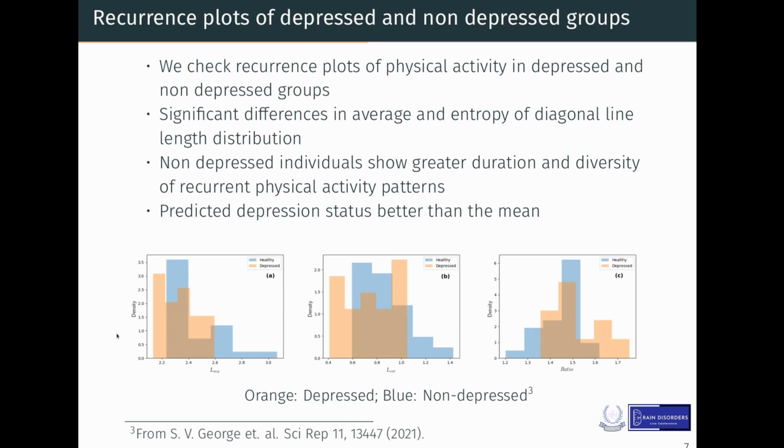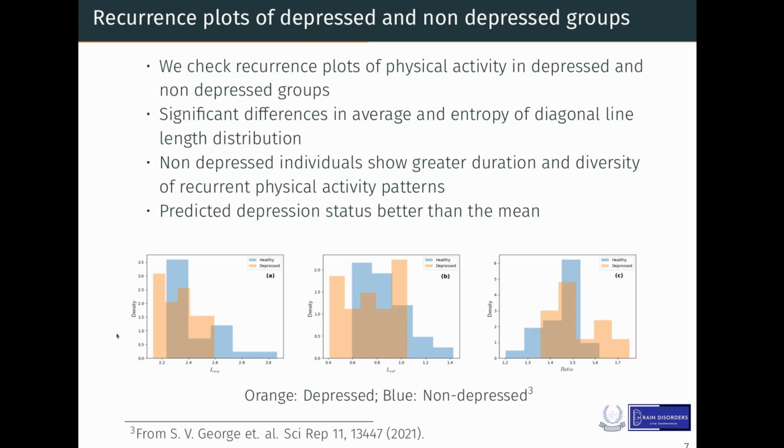Let's take the case of depressed individuals because maybe it's easier. Depressed individuals seem to show a lesser duration in recurrent physical activity. You can take a recurrent physical activity, like cycling to work every day, or swimming, or taking a walk in the morning, right? These are things that will repeat every day, right? And we found that these repetitive physical activities are less in depressed individuals than in non-depressed individuals.